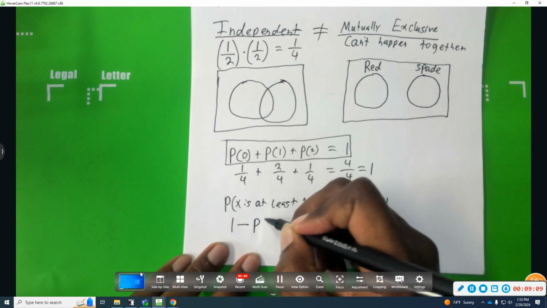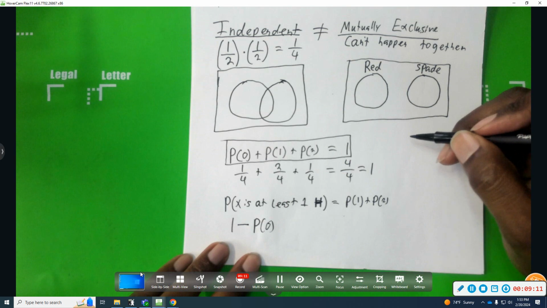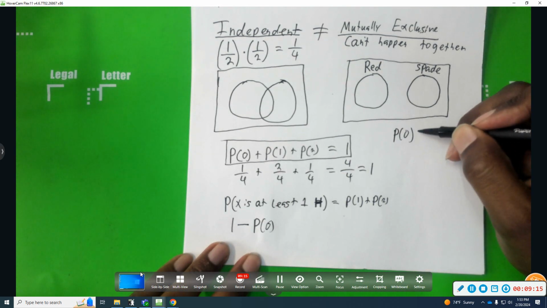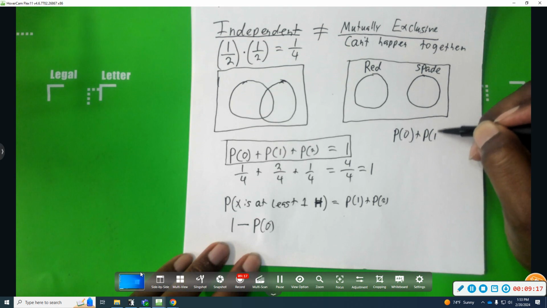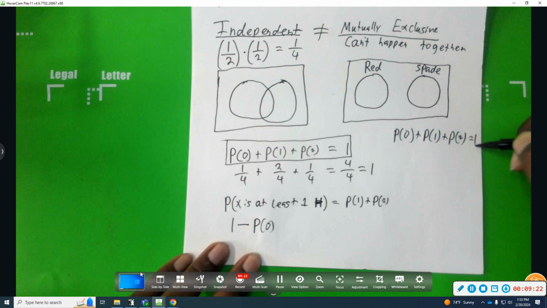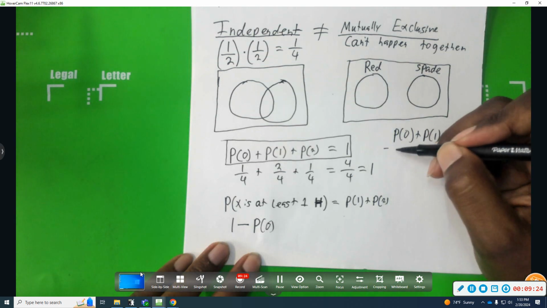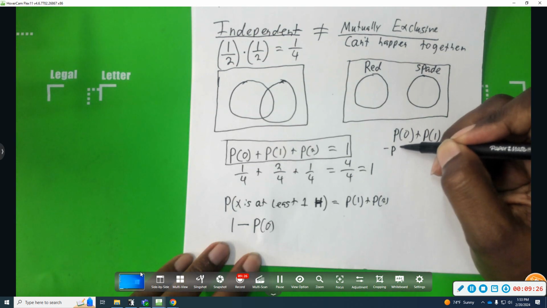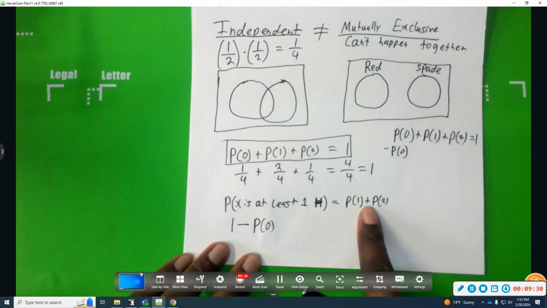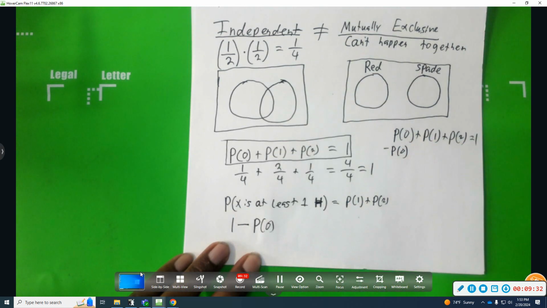So if you think about this like an algebra problem, which I'll set up here. Notice we have the probability of 0 plus the probability of 1 plus the probability of 2, that equals 1. If I do some algebra and subtract the probability of 0 away, why am I getting rid of that? Because this problem wanted at least 1, so that's 1 or more, so that would be these two here.